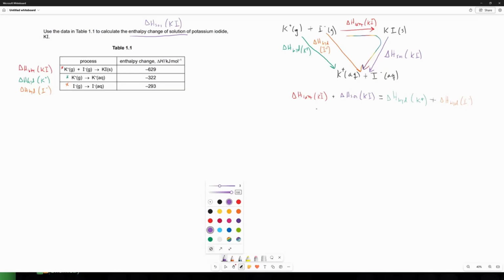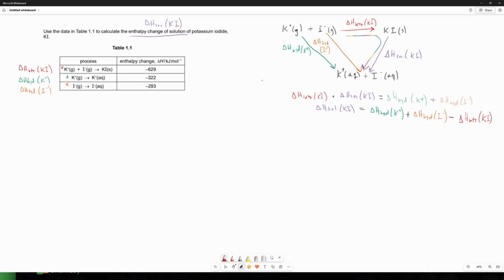So we have delta H sol of KI is going to be equal to the enthalpy change of hydration, delta H hydration of K plus, plus the enthalpy change of hydration of I minus, because we've got to put this enthalpy change of lattice on the other side, minus the enthalpy change lattice for KI.